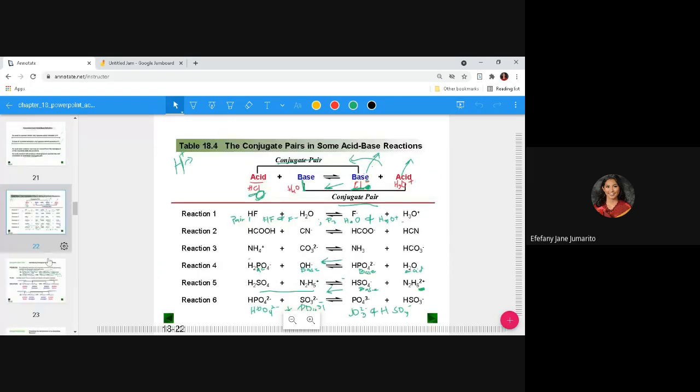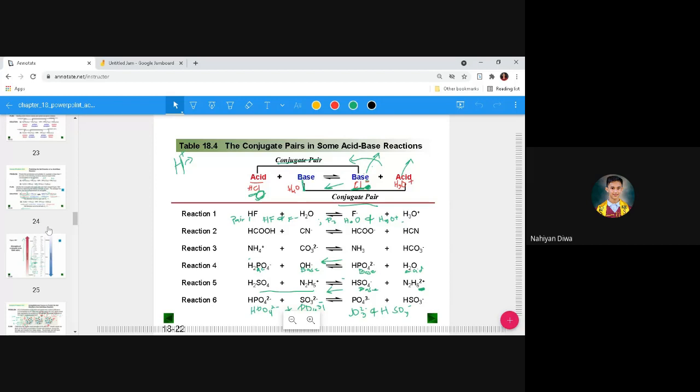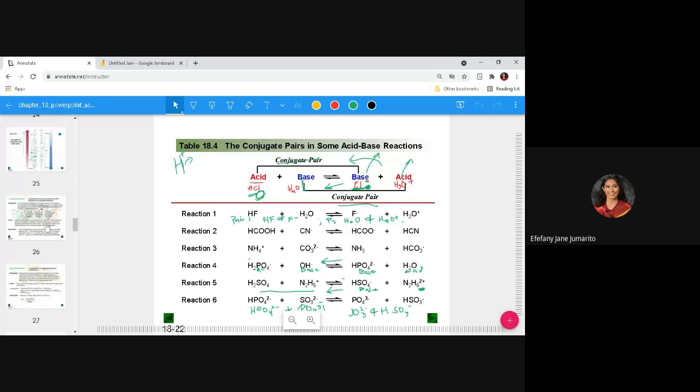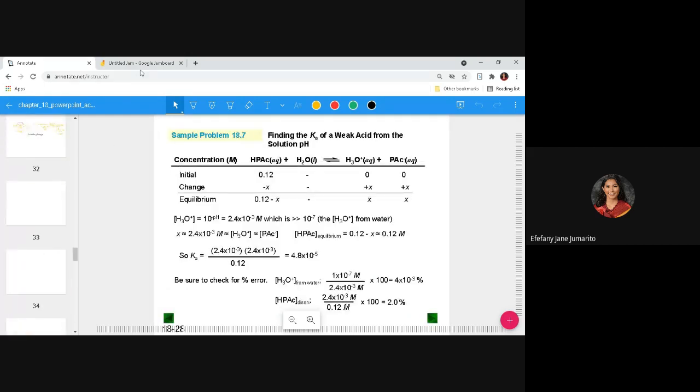Okay, diprotic means duha ka H plus nga proton. There will be two. There are two ionizable protons. So that is what we call diprotic.